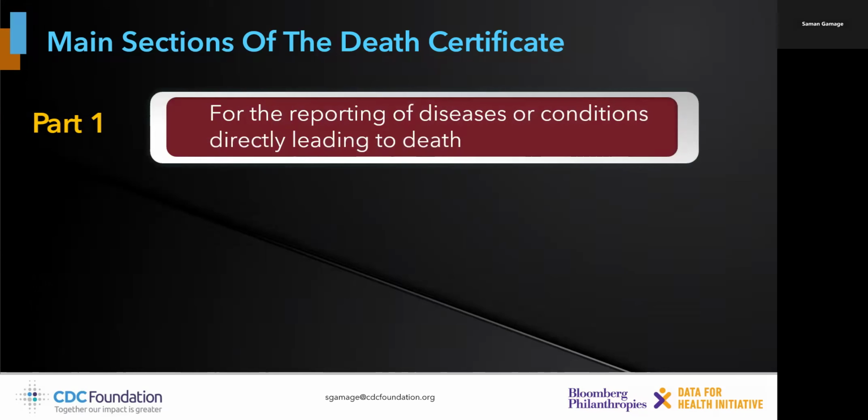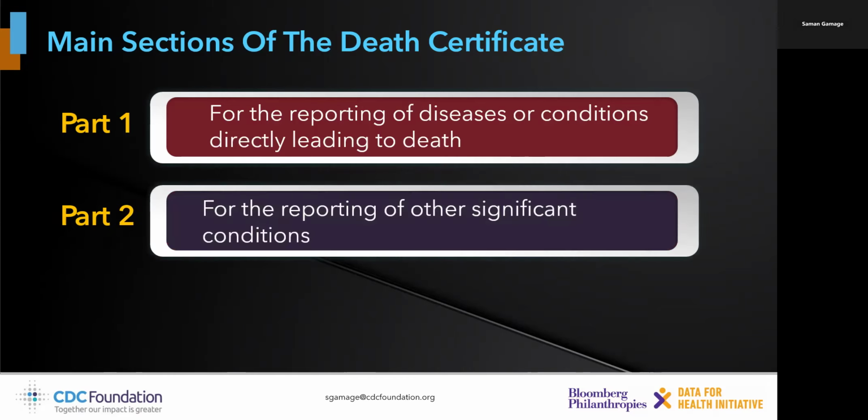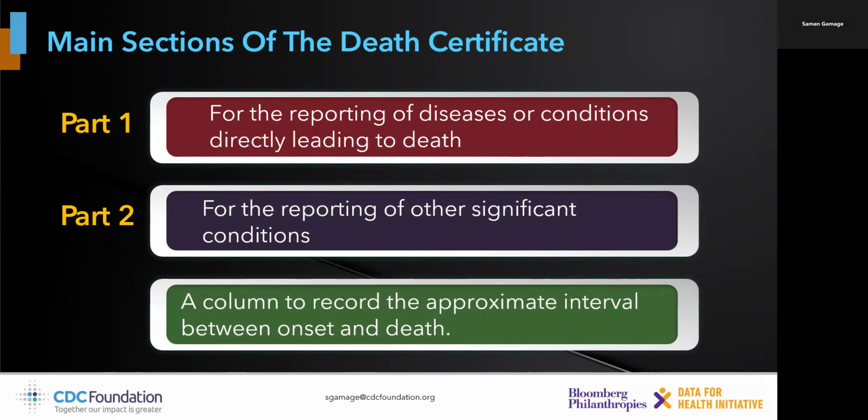Therefore, the main sections of the death certificate are part 1 for the reporting of diseases or conditions directly leading to death, part 2 for the reporting of other significant conditions contributing to death, and then a column to record the approximate time interval between onset of each of the conditions reported on the certificate and death.